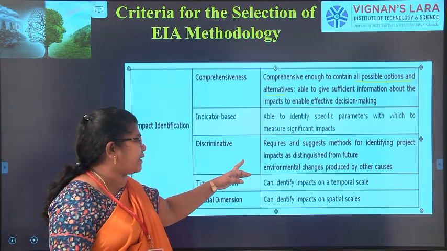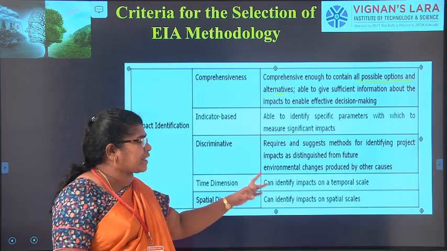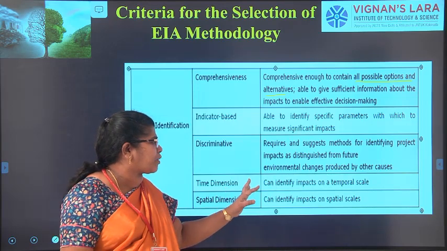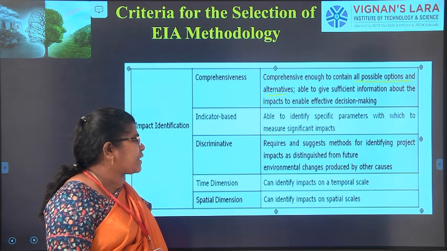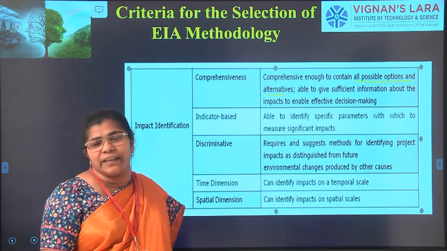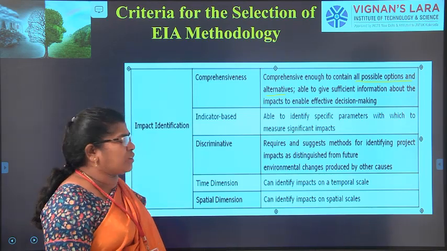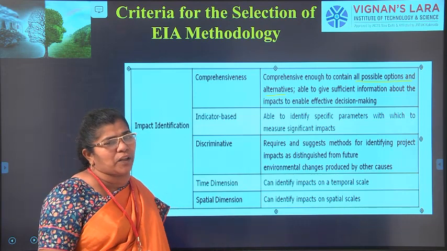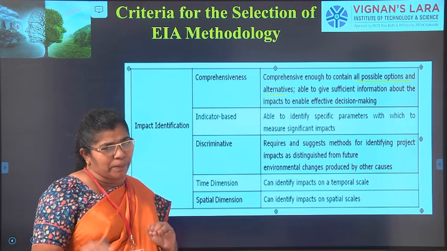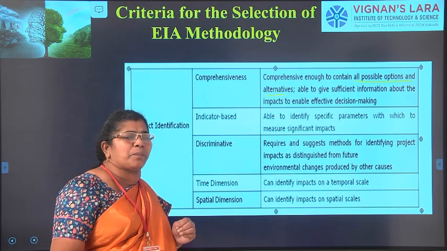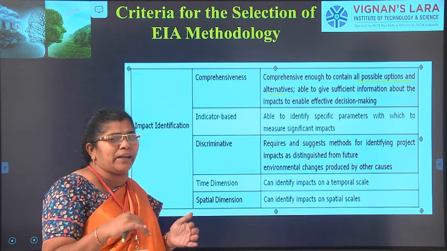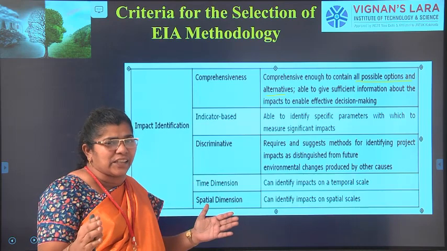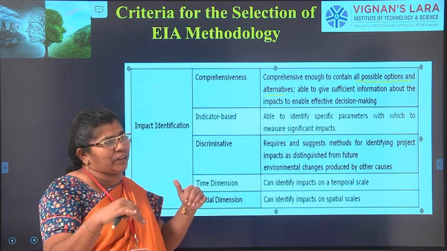The discriminative criterion. What does this mean? It suggests methods identifying project impacts as distinguished from future environmental changes produced by other causes. So not only this, due to this project alone, what is the impact? If I start this project, what other changes will happen because of it, and what will be the effect of those changes?